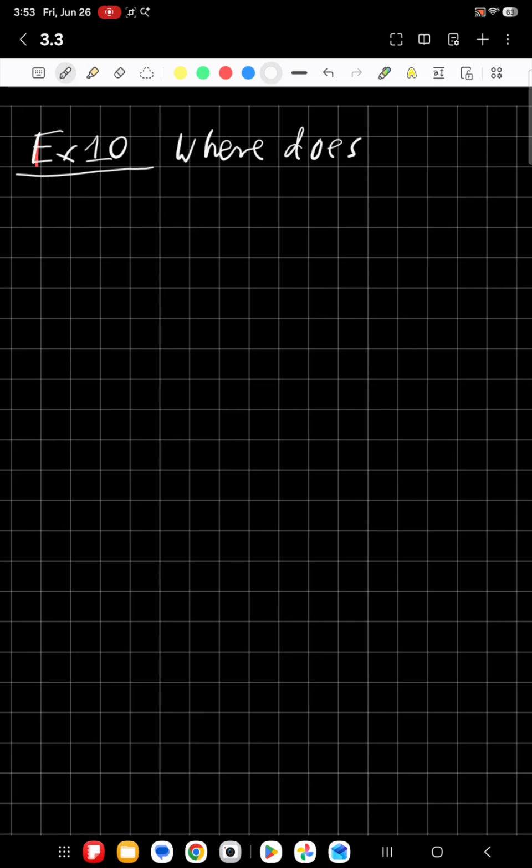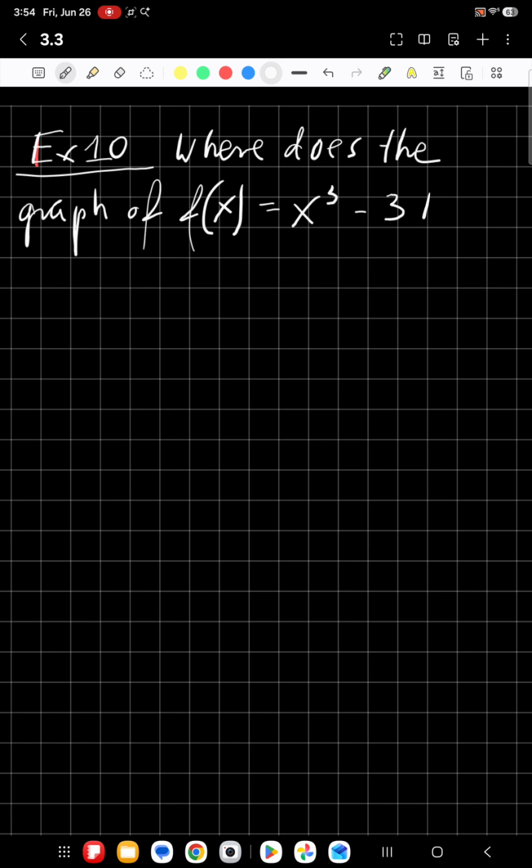Okay, I have one more example for this section, example 10. Let's look at something like this. Where does the graph of f of x equals x cubed minus 3 have a horizontal tangent?